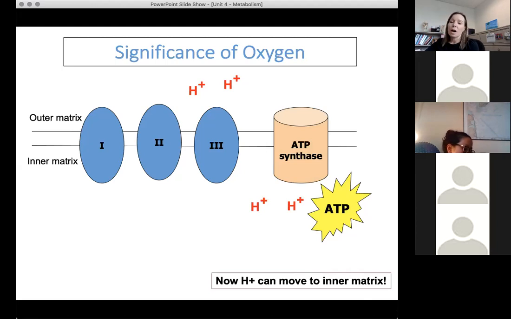The result of the electron transport chain is that you make 26 or 28 ATP from all of those hydrogen ions just moving in through ATP synthase. Remember, each NADH plus H molecule will lead to the production of 2.5 ATP molecules. So if you have 10, it's going to give you either 23 or 25 ATP.